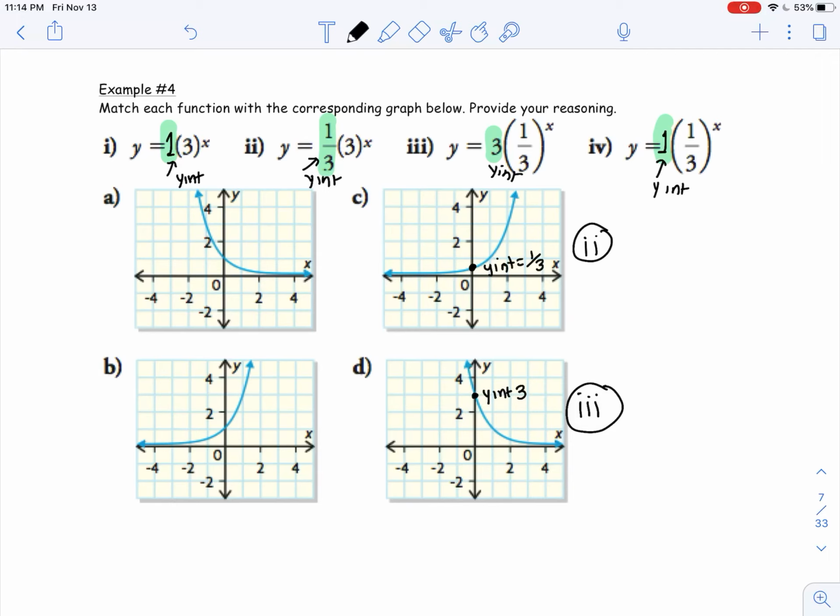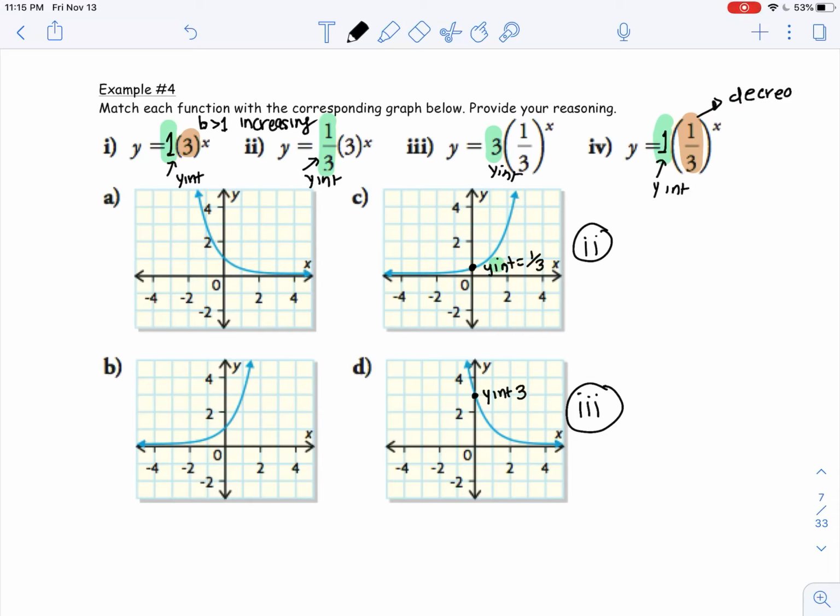Finally, equation number 1 and 4 both have the same y-intercept, so that doesn't help us. But what does help us here is the base. Remember when I said if the b value is greater than 1, it's going to be an increasing function, versus if it's a fraction or a decimal value between 0 and 1, it's going to be a decreasing function.